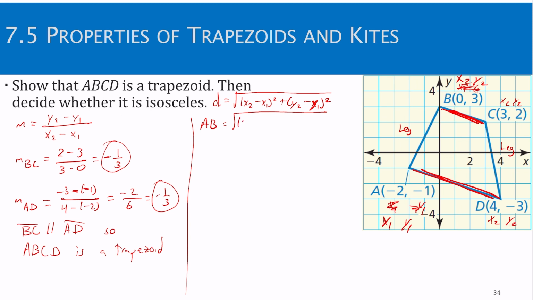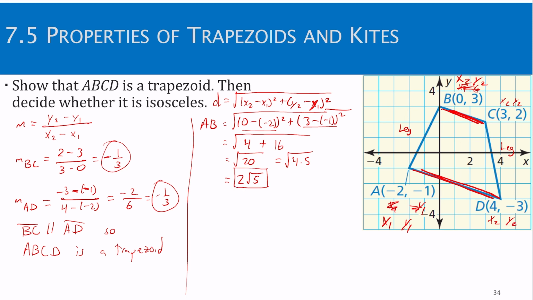So x2 is 0, x1 is negative 2. y2 is 3, y1 is negative 1. So this is 2 squared is 4, and this is 4 squared is 16, so that's the square root of 20. Let's simplify that. 20 is 4 times 5, square root of 4 is 2, so it's 2 times the square root of 5.